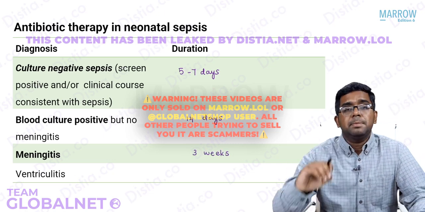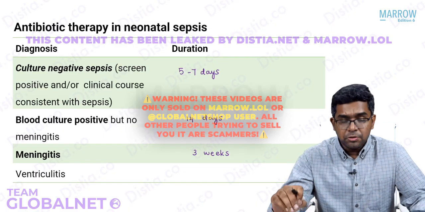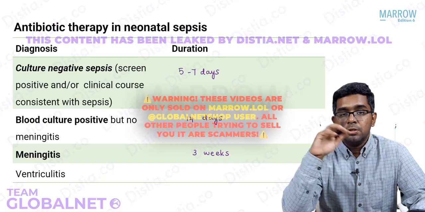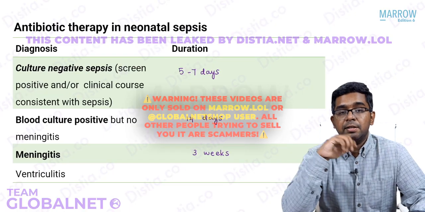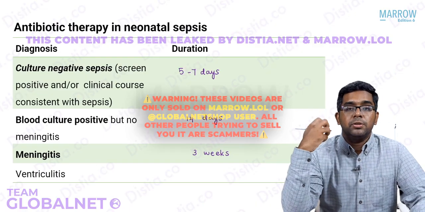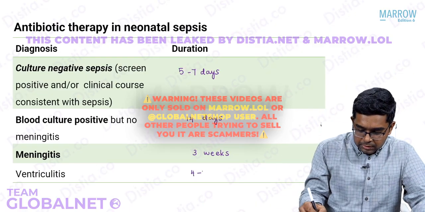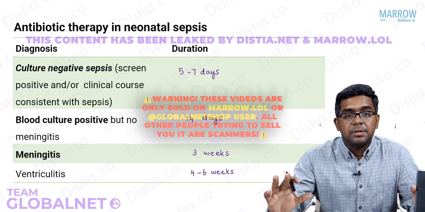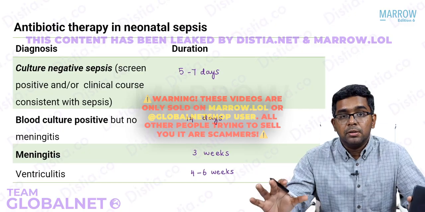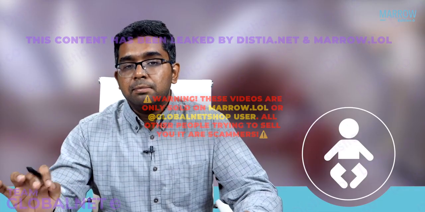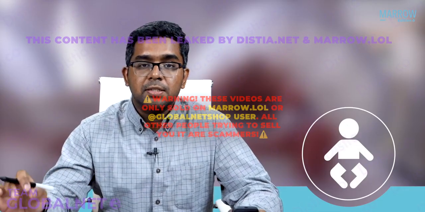Okay, and fourth is a peculiar scenario called ventriculitis, which is usually diagnosed by MRI imaging showing some inflammation in the ventricles. Then treatment has to be continued for an even longer duration of 4 to 6 weeks. So these are the different treatment durations depending on the course of neonatal sepsis. Okay, so with that we complete the discussion of infections in the neonate.